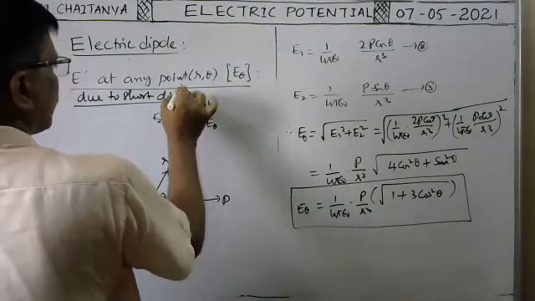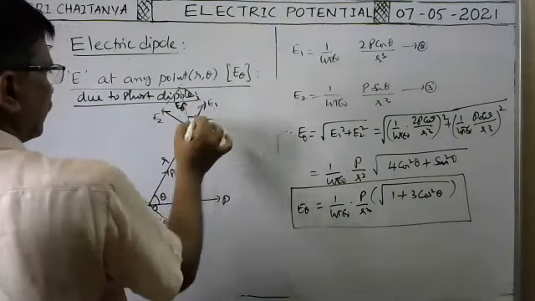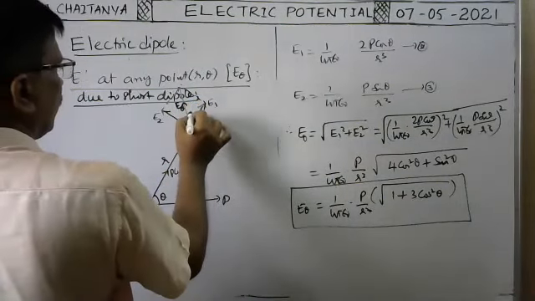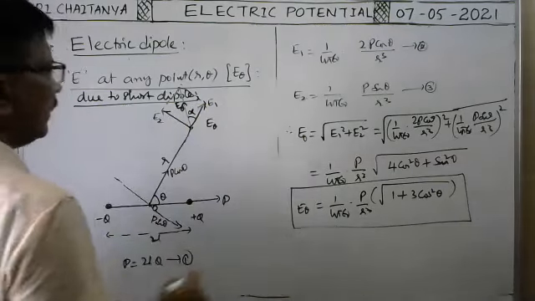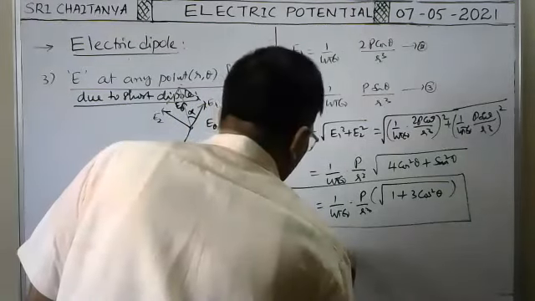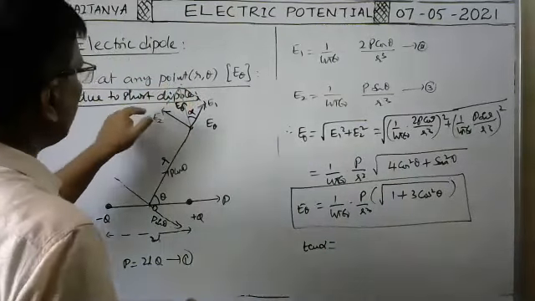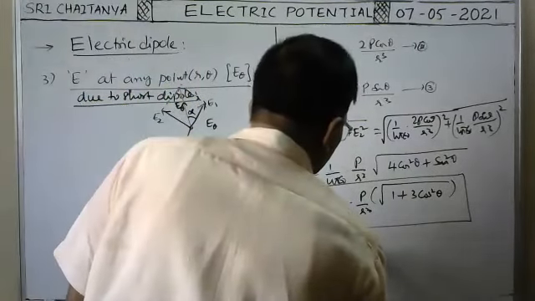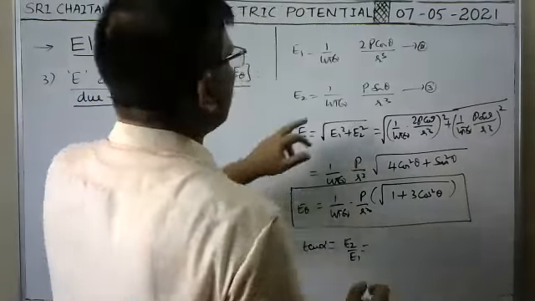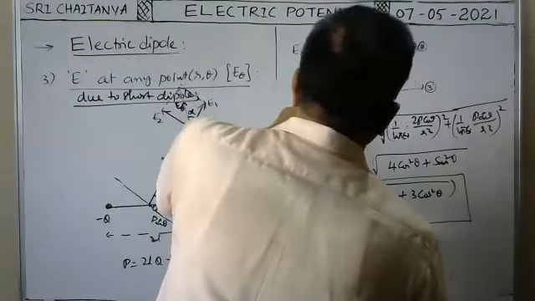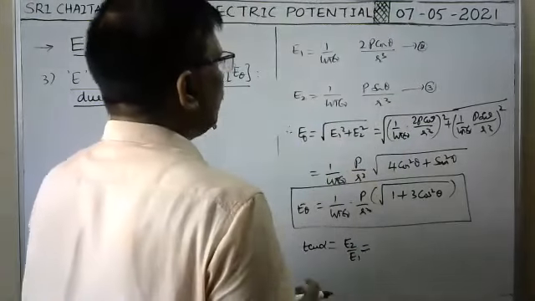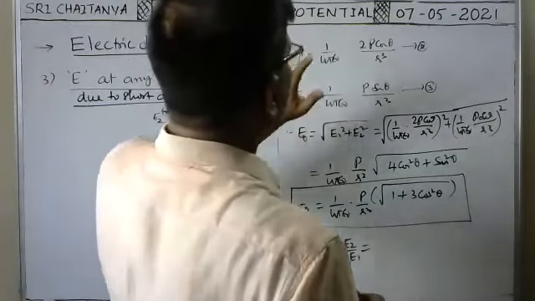The angle made by this resultant intensity with the line joining the point and midpoint of the dipole is say alpha. Then tan alpha is equal to opposite, that means this side. This side is parallel to E2. So E2 by E1. E2 means this one. So this by this gives what?